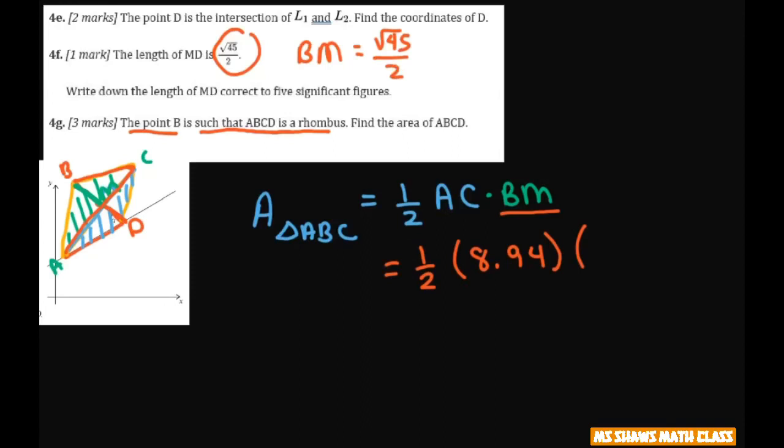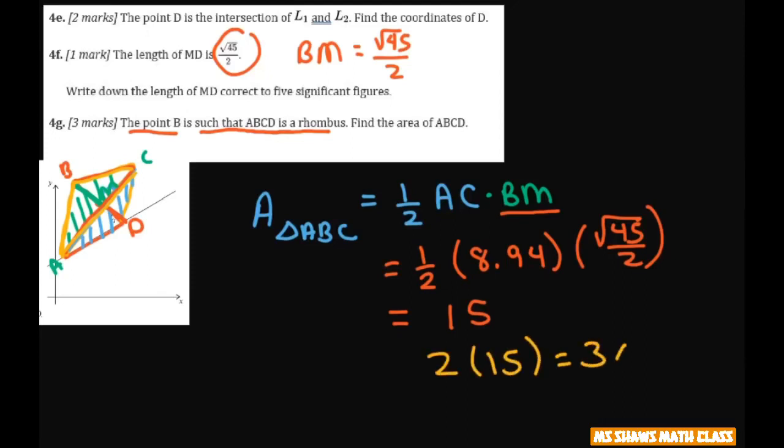So we're going to write 1/2 times square root of 80 times square root of 45 divided by 2, and that's going to equal 15. But now you're going to have to multiply that by 2, because we only took the area of half of this rhombus. So 2 times 15 equals 30.